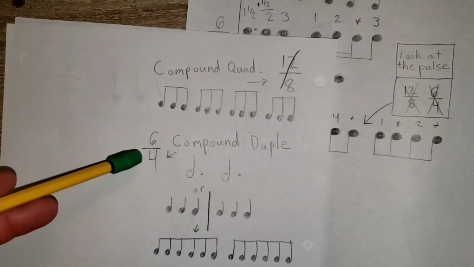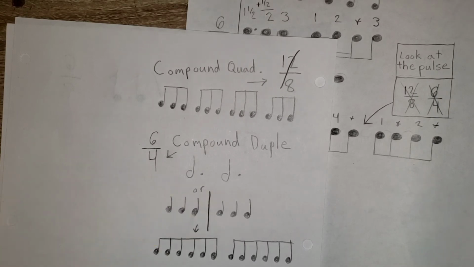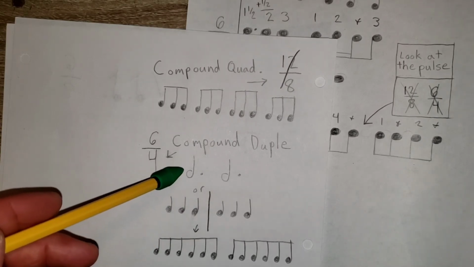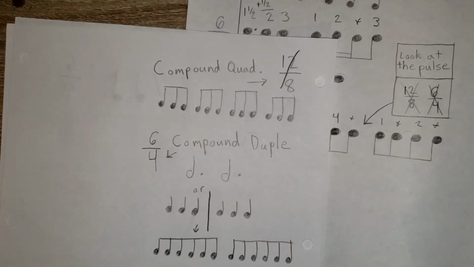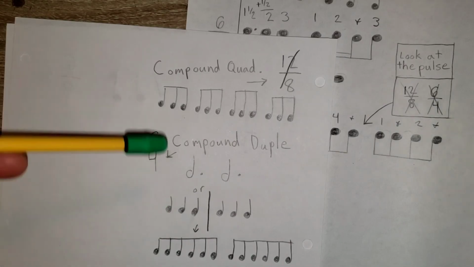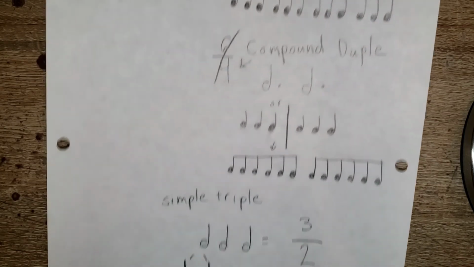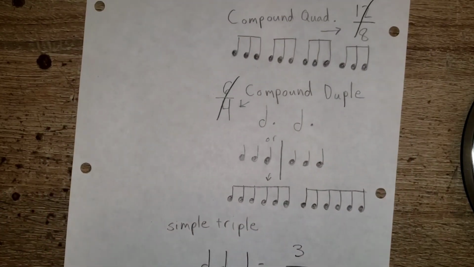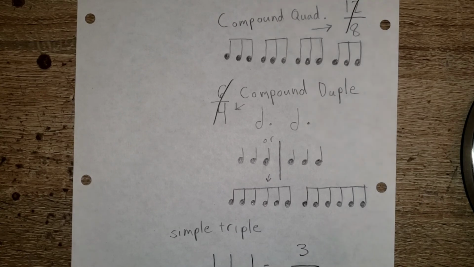So when we're looking at compound, we have 3 beats in one of these pulses. Okay? So we did 3 different options and only one of them worked. So sometimes there's only one option, although it kind of seems like it might be more than one.